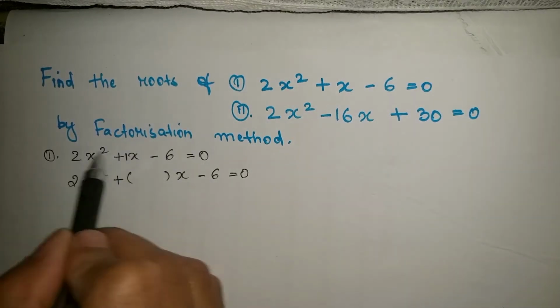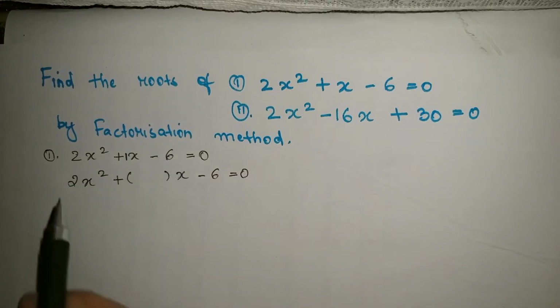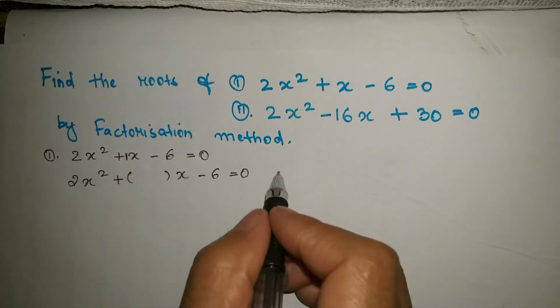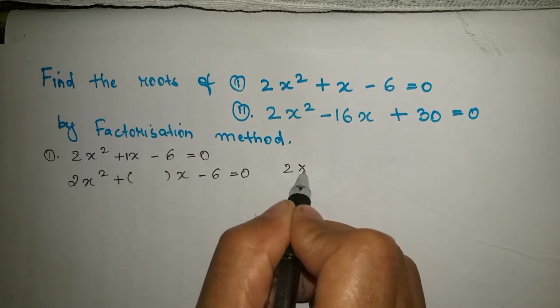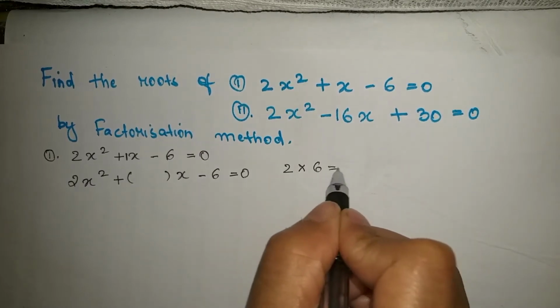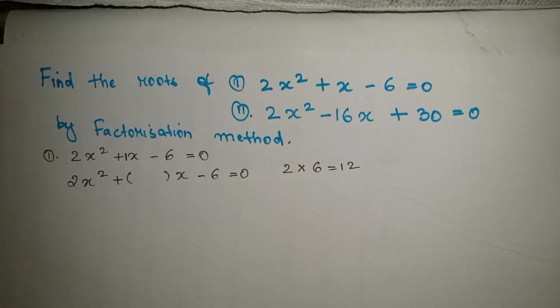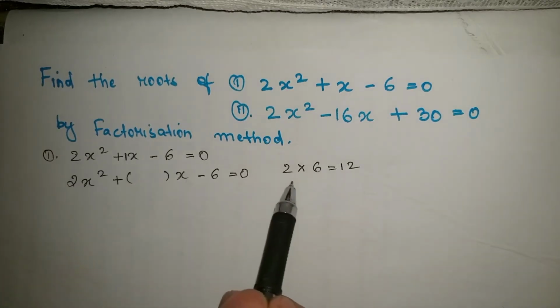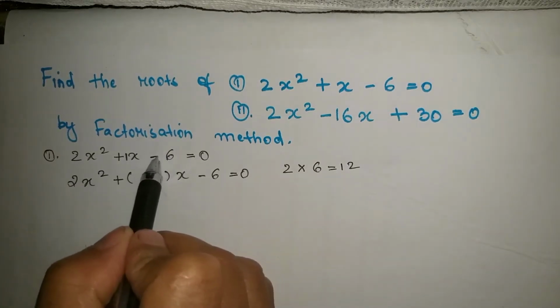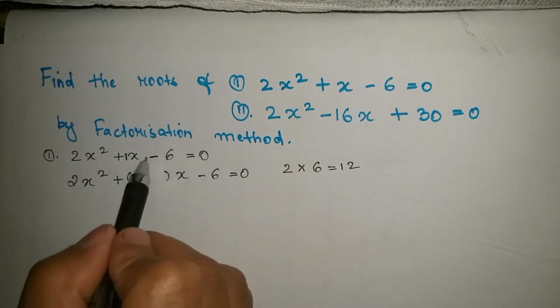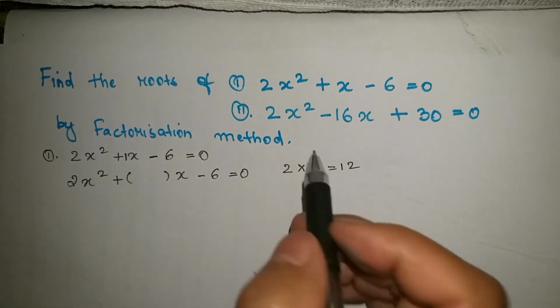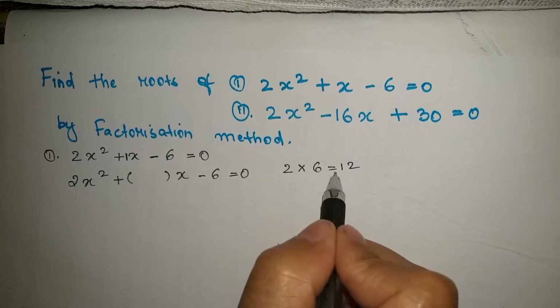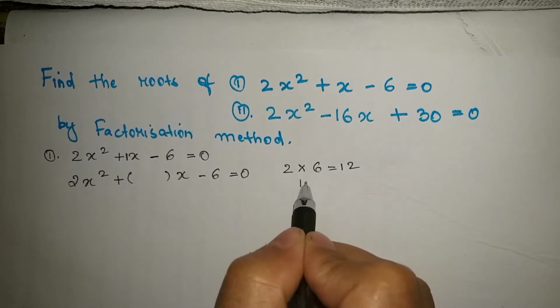Here, let's have a look. 2 into 6, I have 12. Remember, 2 is a coefficient of x squared and 6 is a constant term. Let's not consider the minus sign here. Now, I'll factorize 12.